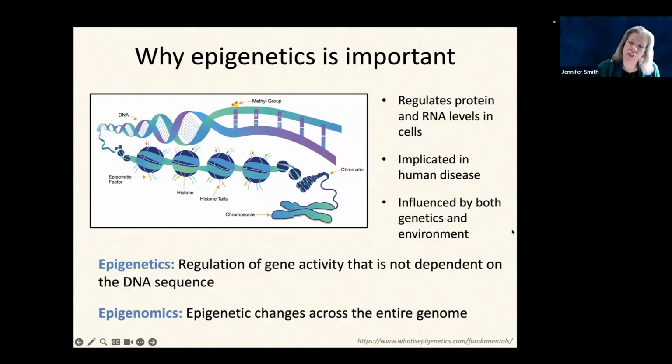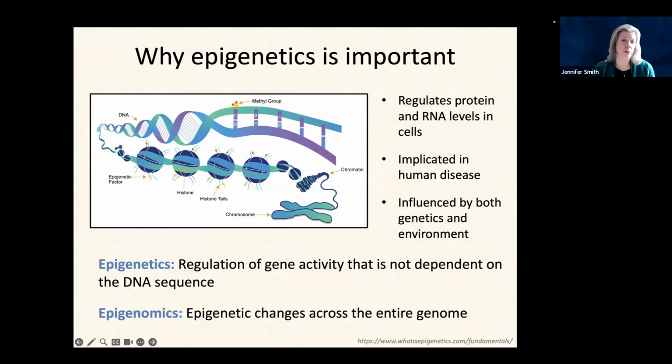And what's really interesting about the epigenome is it's influenced by both genetics and the environment. So genetic mutations are associated with disease, but sometimes the reason why is because it changes the expression of a gene, right? Well, sometimes it changes the expression of a gene through its modification of the epigenome, right?